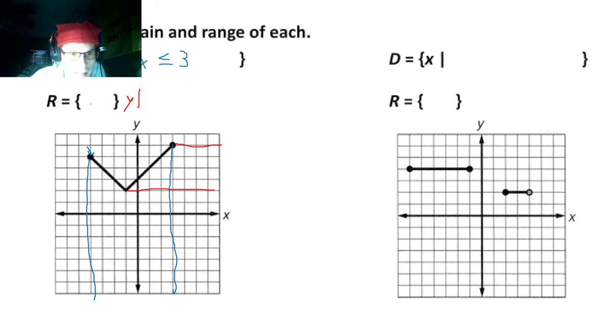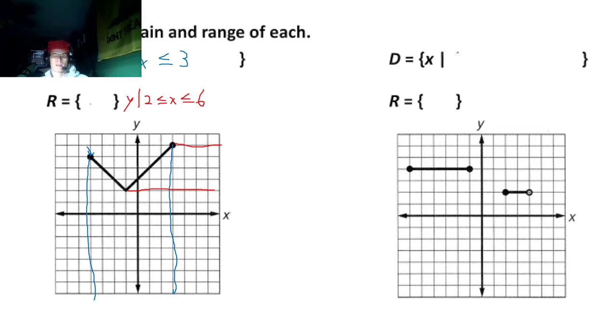I don't understand why they didn't give you much room here. Y such that 2 is less than or equal to y is less than or equal to 6. Okay? So that would be your range. All right, your domain. For this one, I'm going to let you guys do this one on your own real quick, okay?